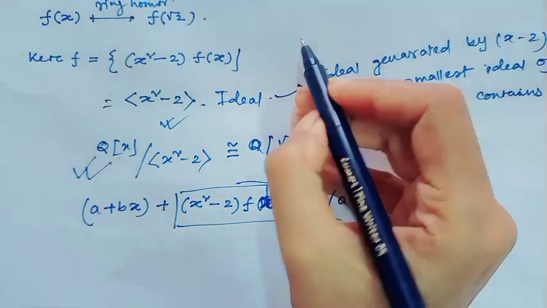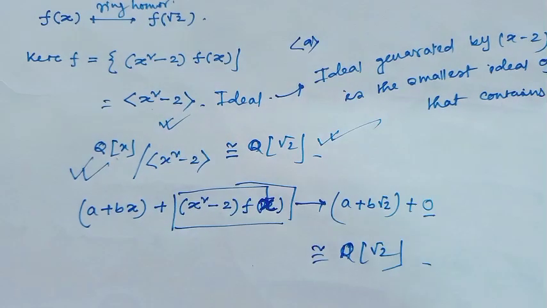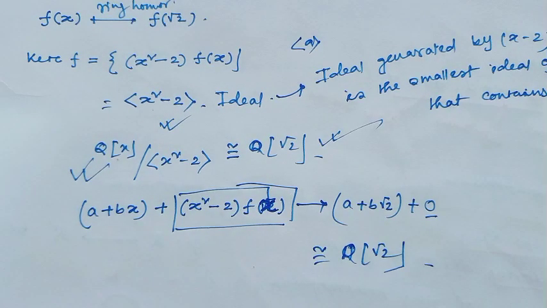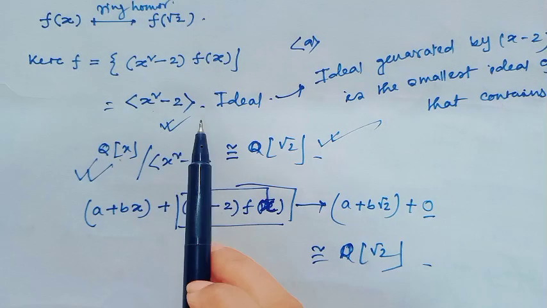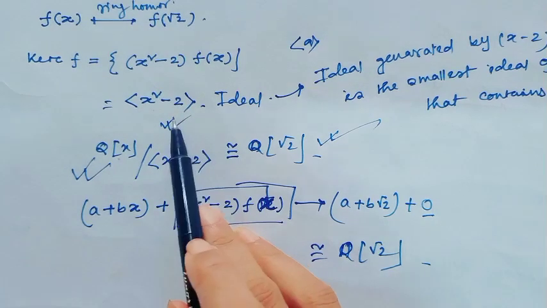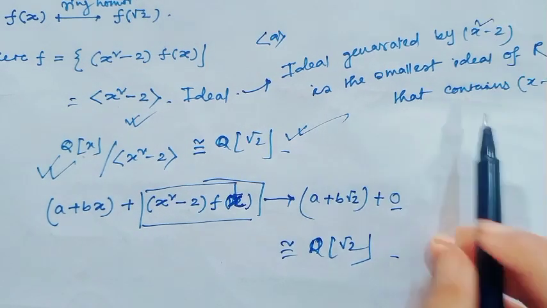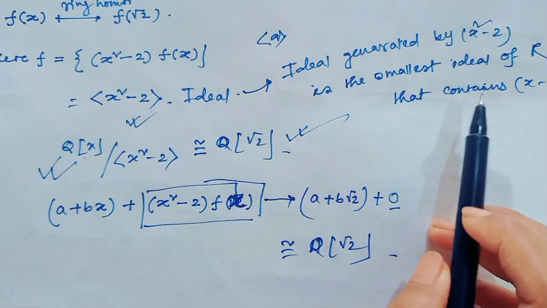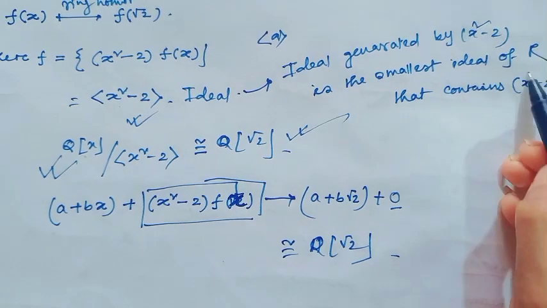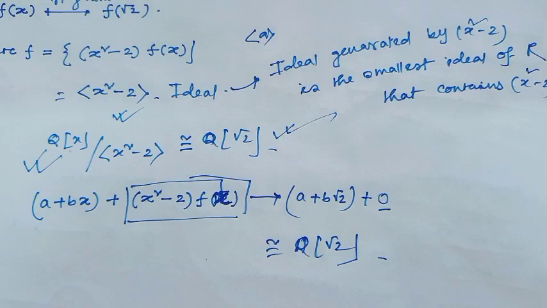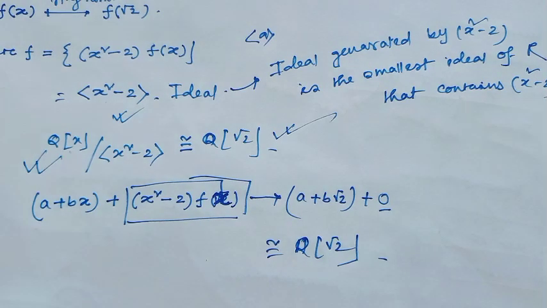Cyclic group generated by A means the multiples of A. Here I have used the same idea as a cyclic group. This notation, the ideal generated by x squared minus 2, is actually the smallest ideal that contains x squared minus 2. That means other ideals also exist, but this is the smallest ideal.